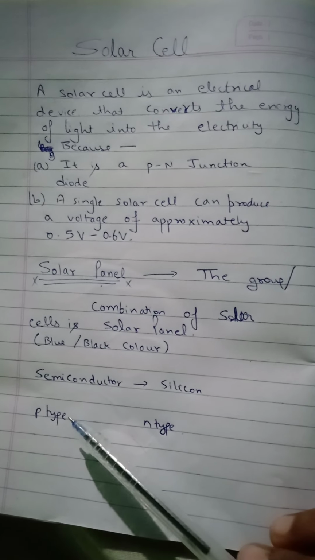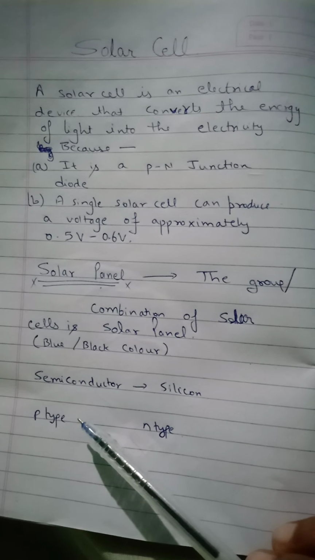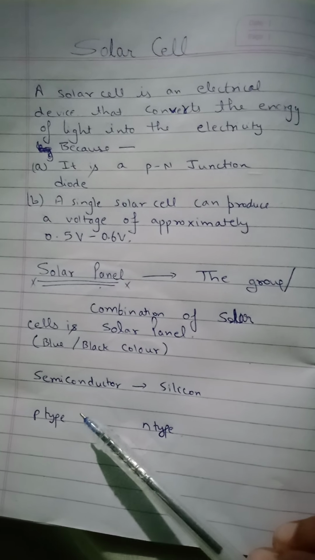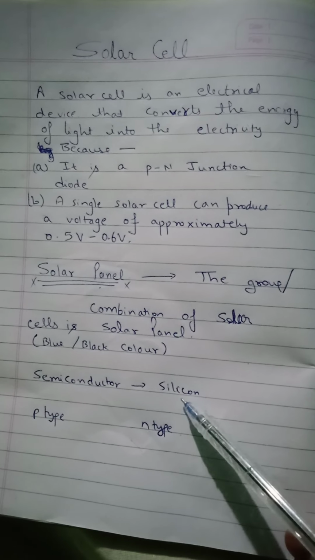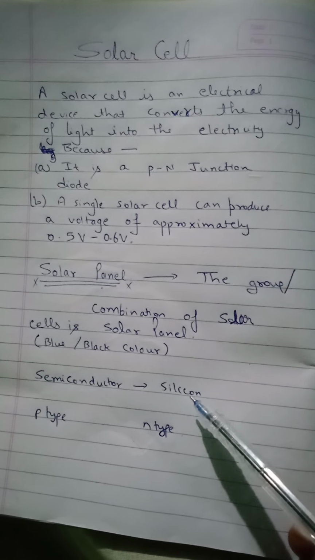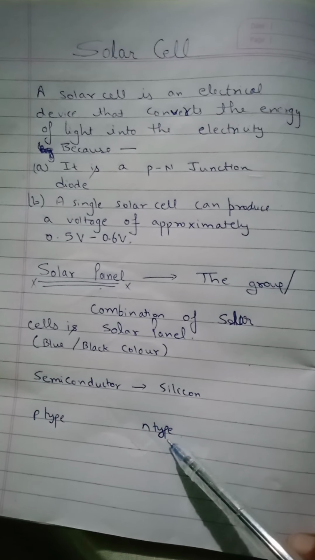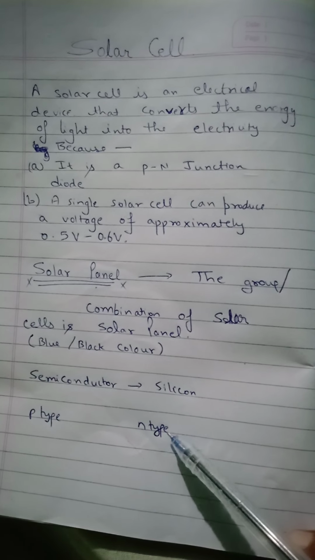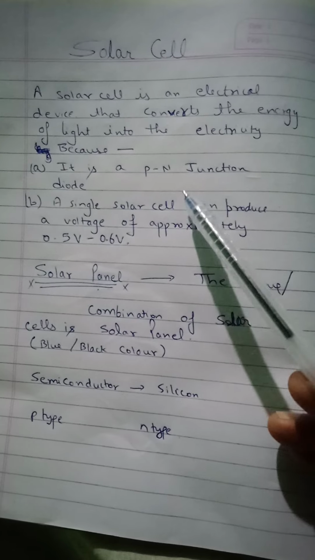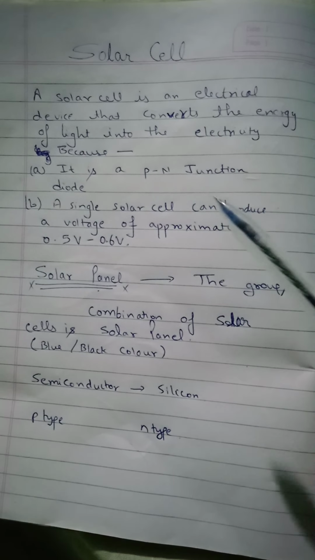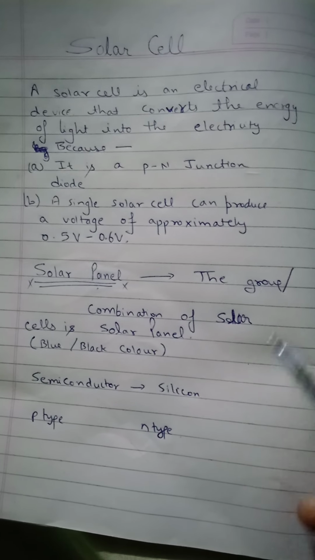P type semiconductor means when we add a trivalent element with silicon or any other tetravalent atom. And N type means when we add pentavalent atoms with the tetravalent atoms. Then we are able to get P type and N type semiconductor.